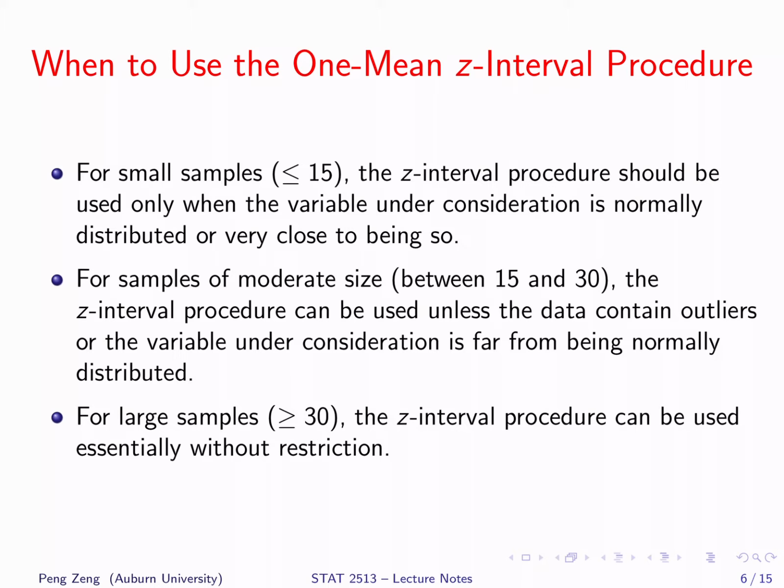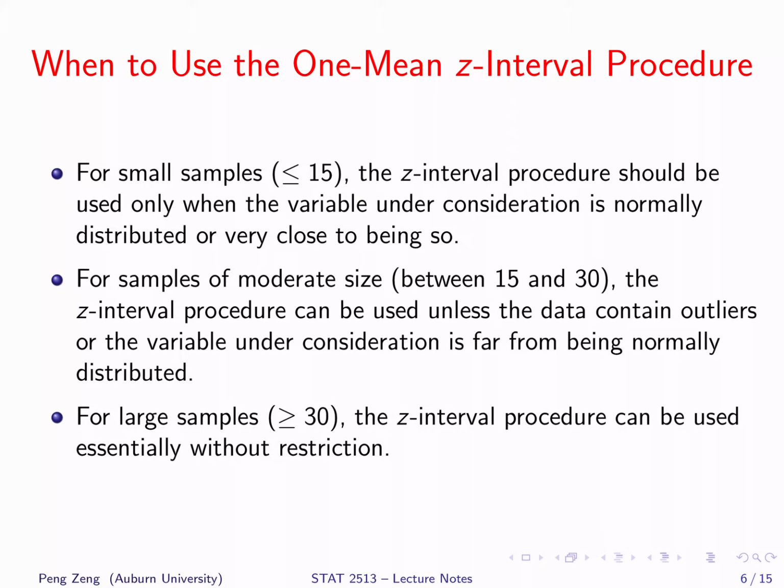In this case, the central limit theorem does not apply. If the population is not normal, X bar cannot be approximated by a normal distribution. Therefore, the assumption for the Z-interval procedure does not hold.